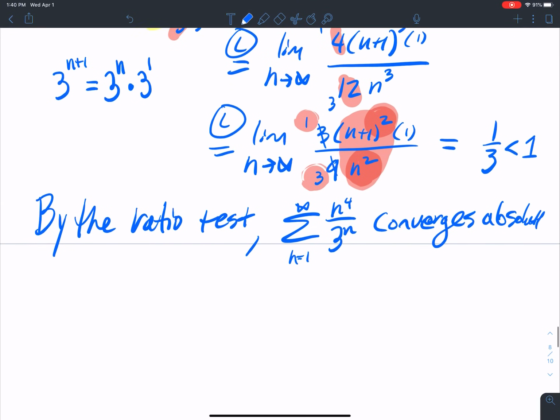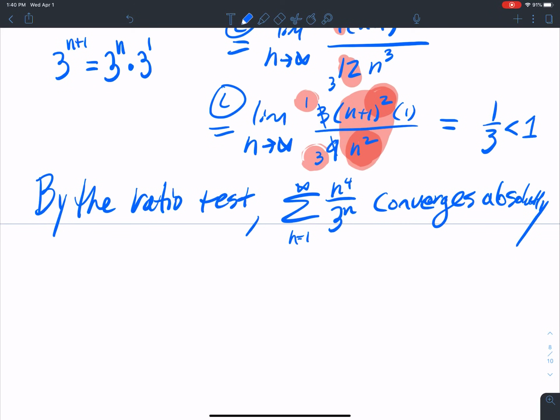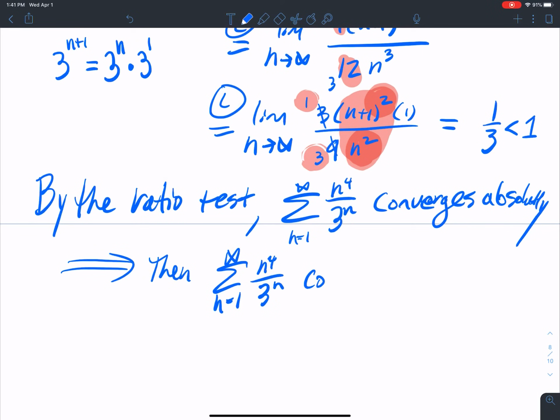Now, if it converges absolutely, then the series converges. So absolute convergence implies that there's convergence. If you prove something converges absolutely, then it definitely converges.